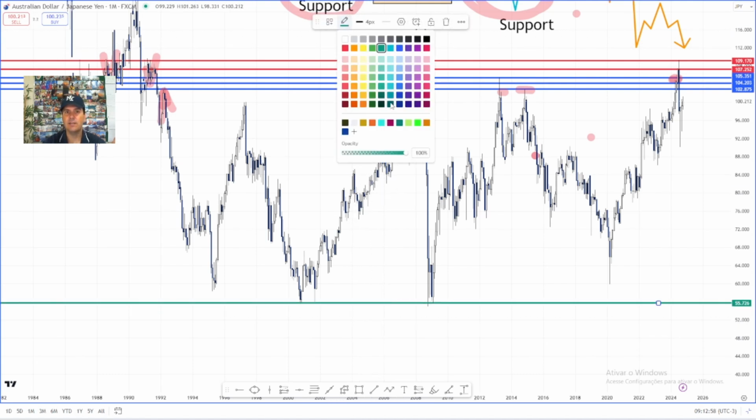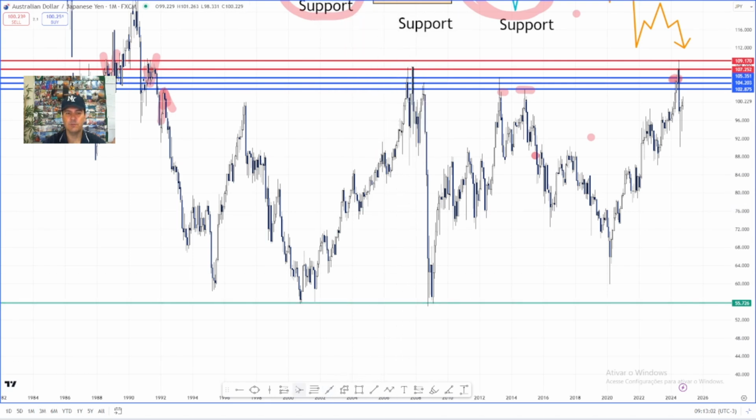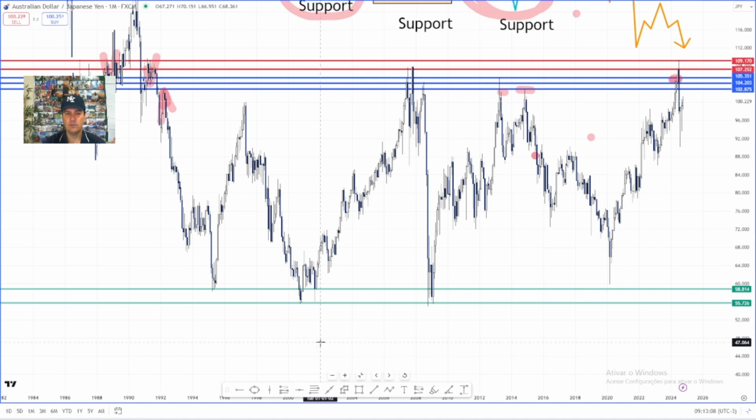Another thing that I advise you to do, make it transparent. Okay, so this would be the first one. This would be now the second one, clicking the mouse, going up and up and up, and here this would be the third one.